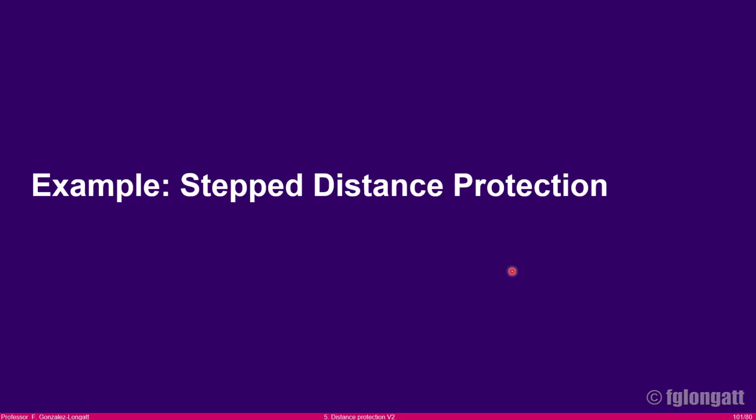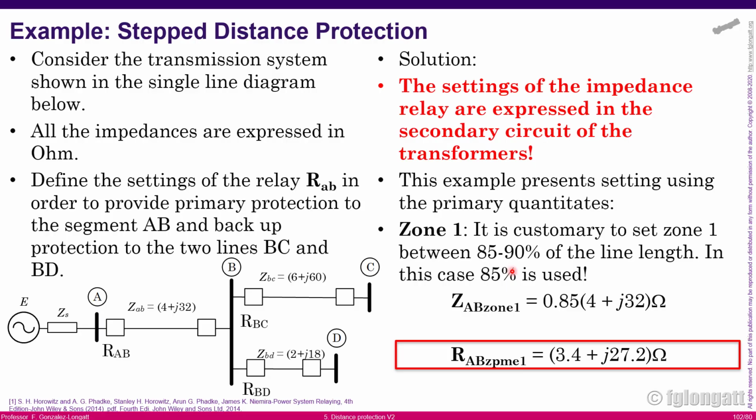What I will do now is run a short example using a step distance protection, using the classical three zones. What we have over here is a very simple transmission system. You can see there are 4 bus bars, A, B, C, and D, and there are 3 relays, AB, BC, and BD.